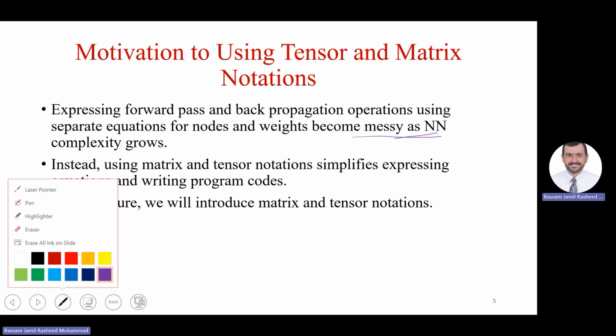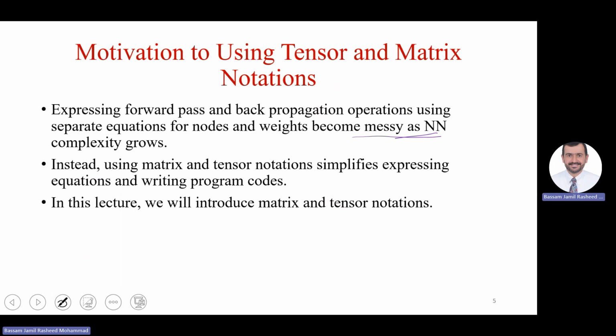All right. They become really messy if we express things in individual equations. So tensor notation really simplifies expressing the behavior of the neural network, whether it's a forward pass or back propagation. We will see through a simple example how we simplify those equations.